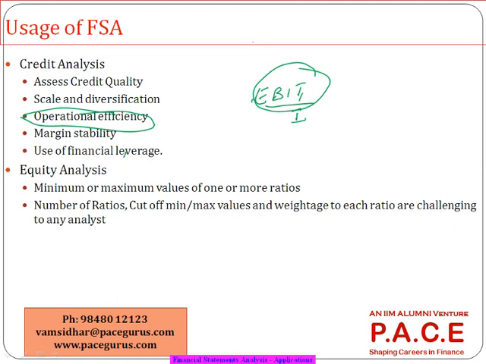Let me look at some 10-20 ratios. Using them, let me forecast the future financial statements. And probably they may even create a model saying I'll give more weightage to XYZ ratios compared to ABC ratios. So each analyst will differ in his own interpretation on how much weightage to give and how many ratios to consider, because they are more of estimates, they differ completely from analyst to analyst.